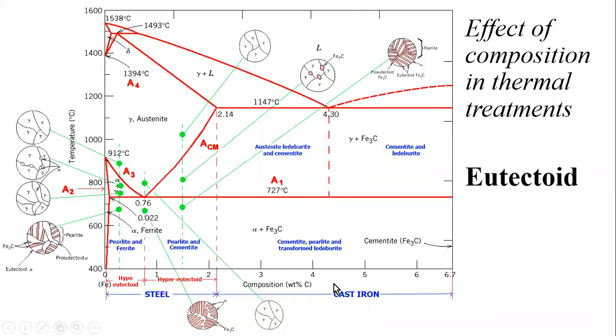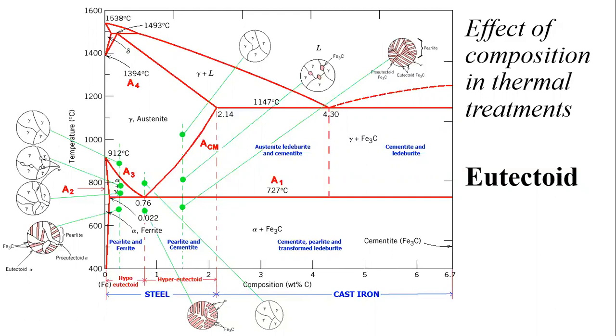You are plotting the content of carbon. So if here you have 1%, this is weight percent of carbon. So if you have 1% of carbon of all your 100% of steel, that is a very poor content of carbon, compared to if you have 6% of carbon. So what does this diagram tell you?